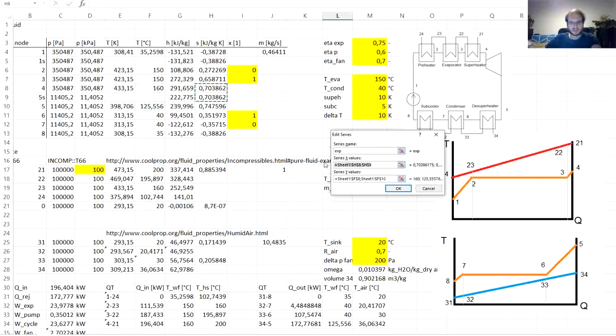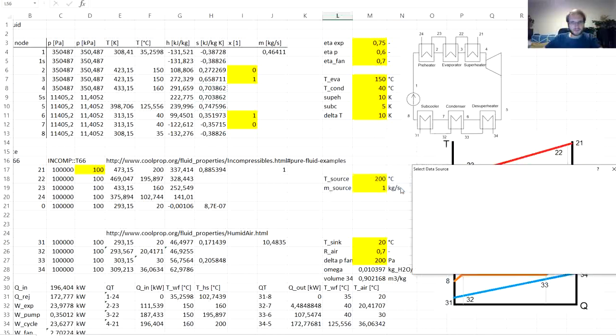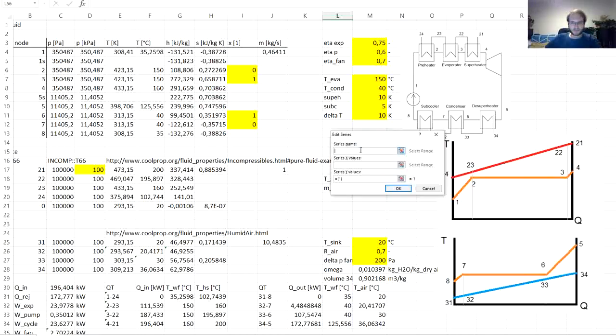And the x values also need to be 4 and 5. Now we have the recuperator, 5 to 6.